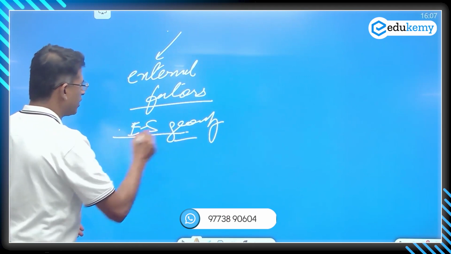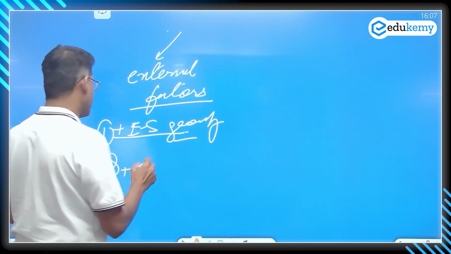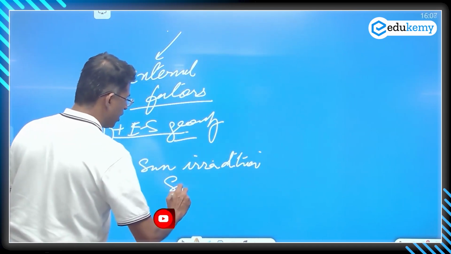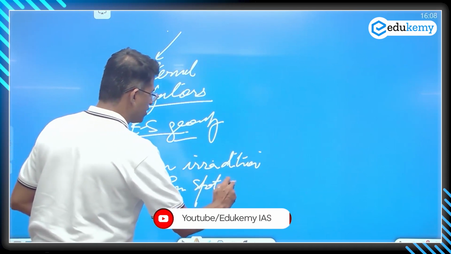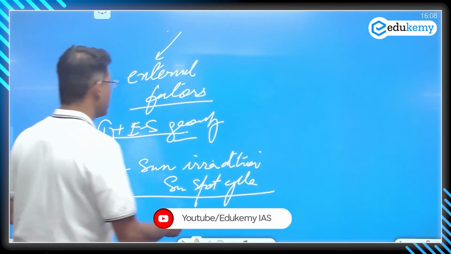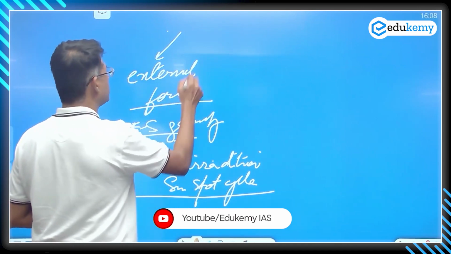You just have to add one more thing. Okay. Factors related to sun irradiation, such as sunspot cycles. These two are called external forcing, external factors, or external forcings.